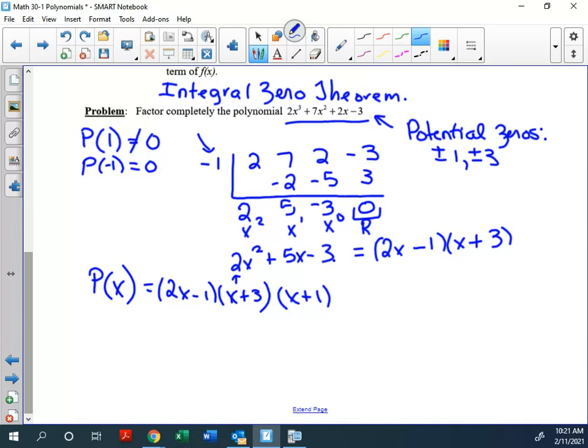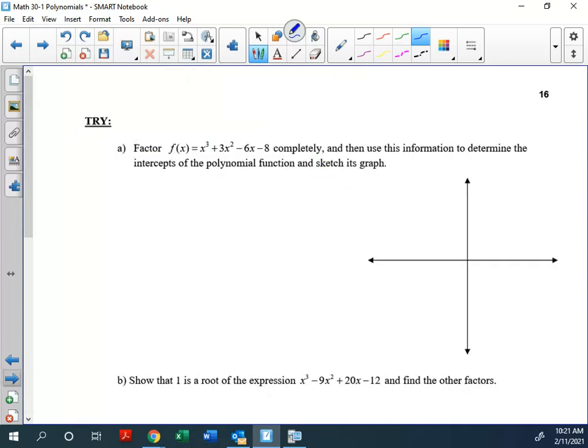Not bad? All right, so factor this completely. Use the information of the intercepts to the polynomial to sketch it. All right, guys. We're going to pretend we have no graphing calculators. You've got a scientific calculator sitting in front of you. We're not going to use the graphing function. So when I look at this, I need to find a zero.